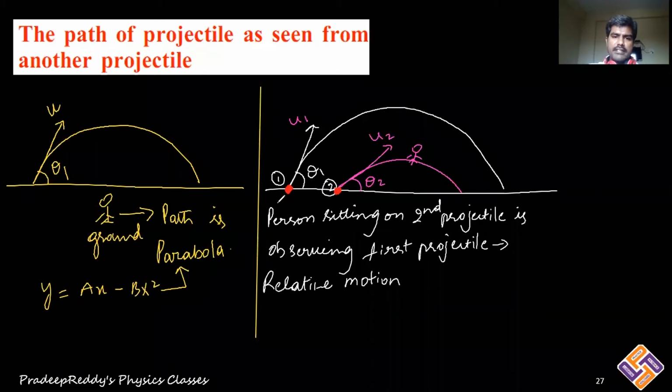Let me name these A and A dash. After some time, the first projectile goes to point B, the second to B dash. After the time of ascent, they go to C and C dash.